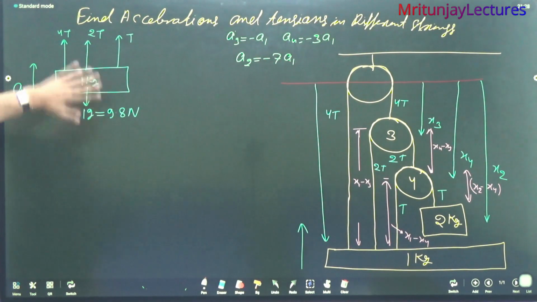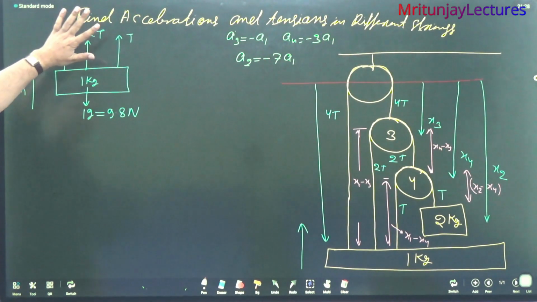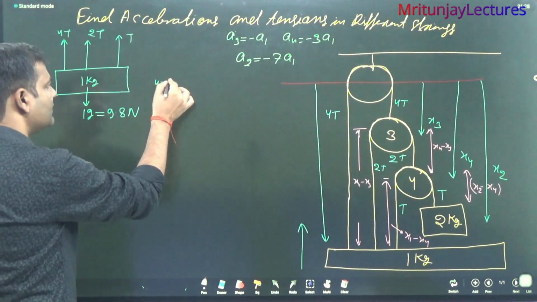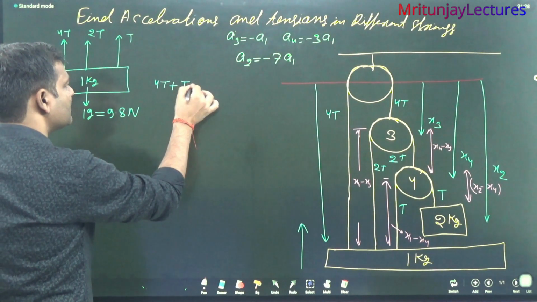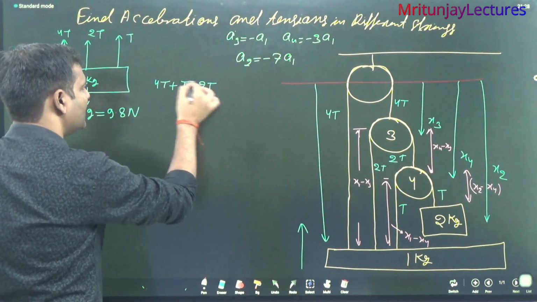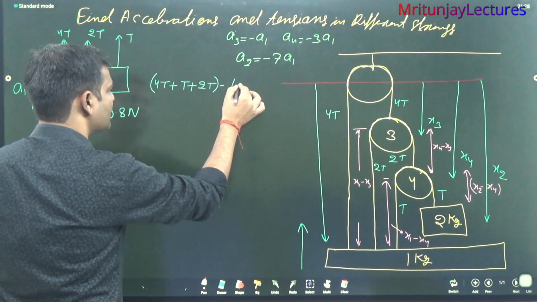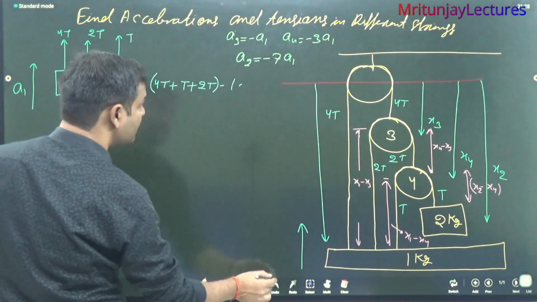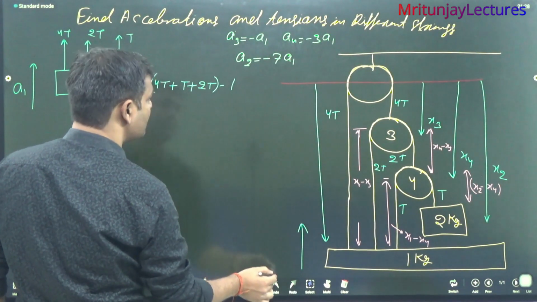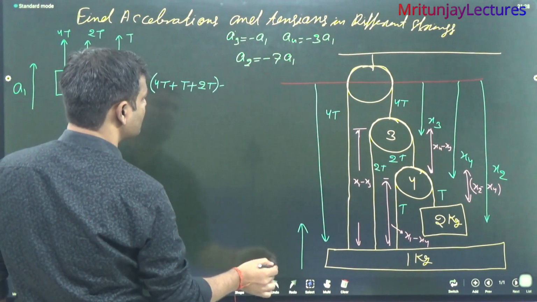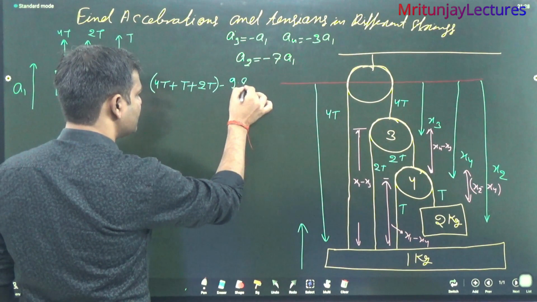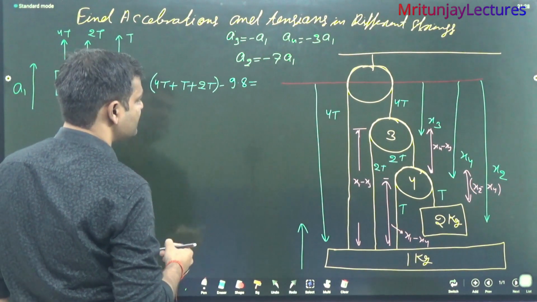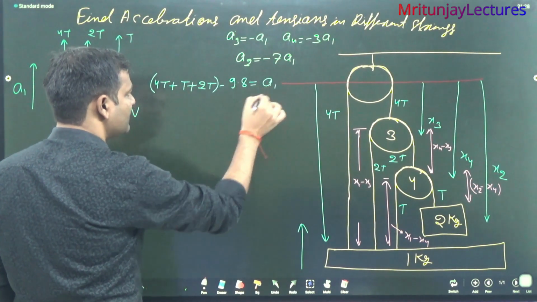Clear or not? This one is indirect contact force and that is direct contact force. If this one is going upward, then you can say 4T plus 2T plus T minus 9.8, that is 9.8, is equal to mass into acceleration. The acceleration is A1, so A1 simply.